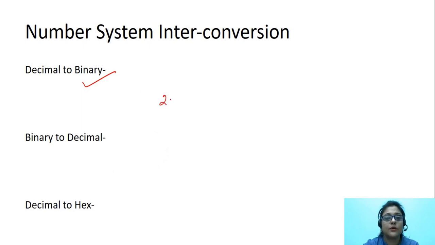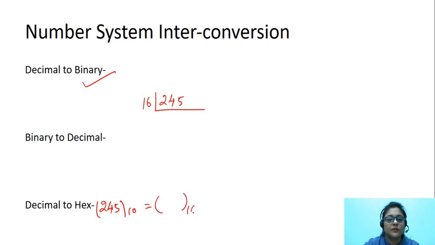Let's take the number 245 and start dividing by 16. So 245 base 10 will be equal to base 16. So we have to calculate this number. So 16 into 245, let's start dividing it. So it will be 15. So the remainder is 5.